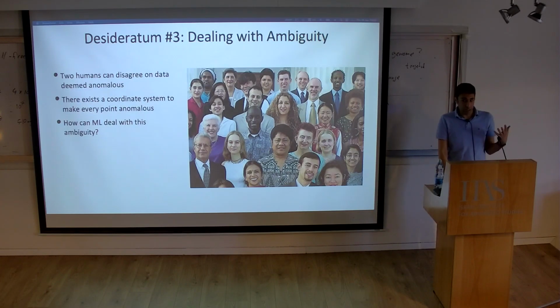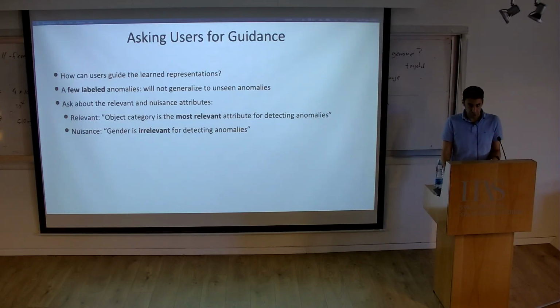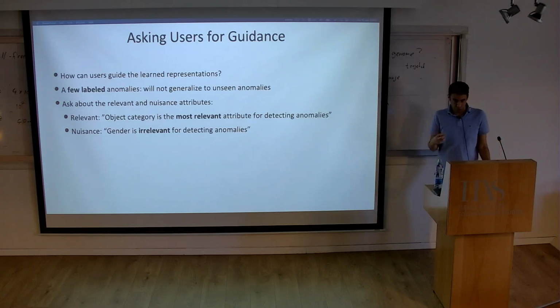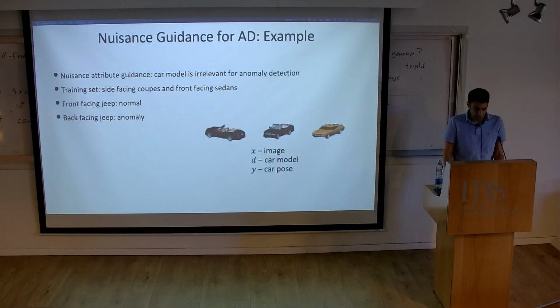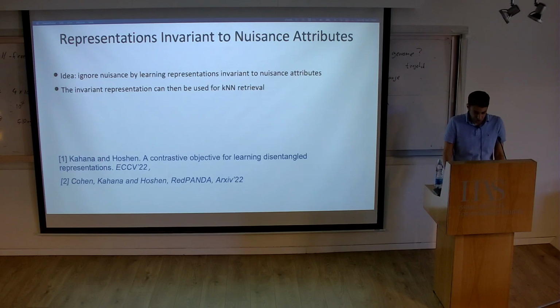Or in some industrial settings, we may not want some sensitive attributes to be used, like for example, gender. We may consider that to be irrelevant for anomaly detection. So we may want to exclude some attributes from our representation for the anomaly detection method. And we basically have an approach which removes these attributes from the representation. I don't actually have time to get into the technical parts of this approach.